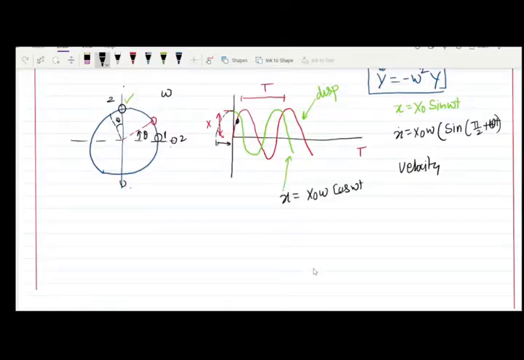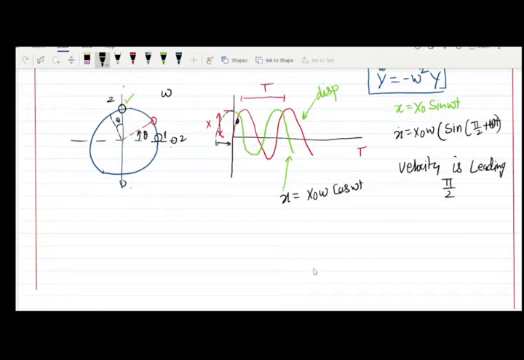Here I want to give you one statement: whenever you are looking at the curve in this fashion, please try to extend the curve backward, and then we can say that the green curve is 90 degrees ahead of the red curve. We can visualize that from this diagram. So velocity is leading the displacement by 90 degrees.